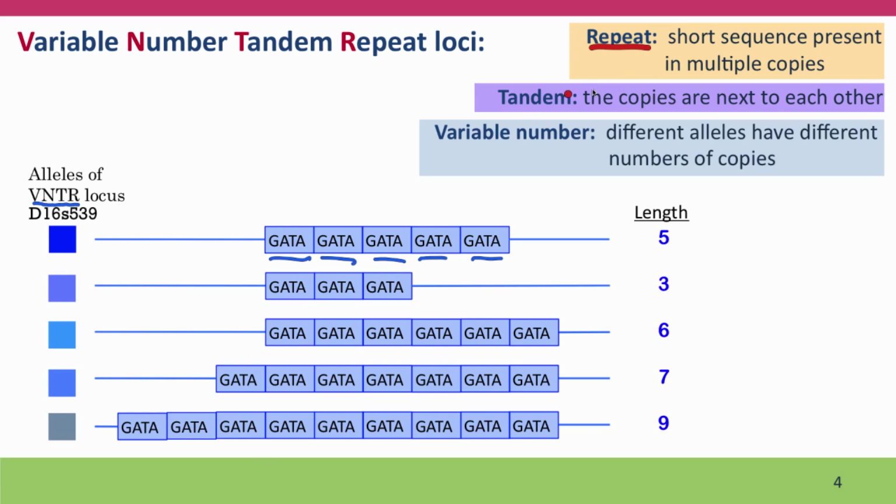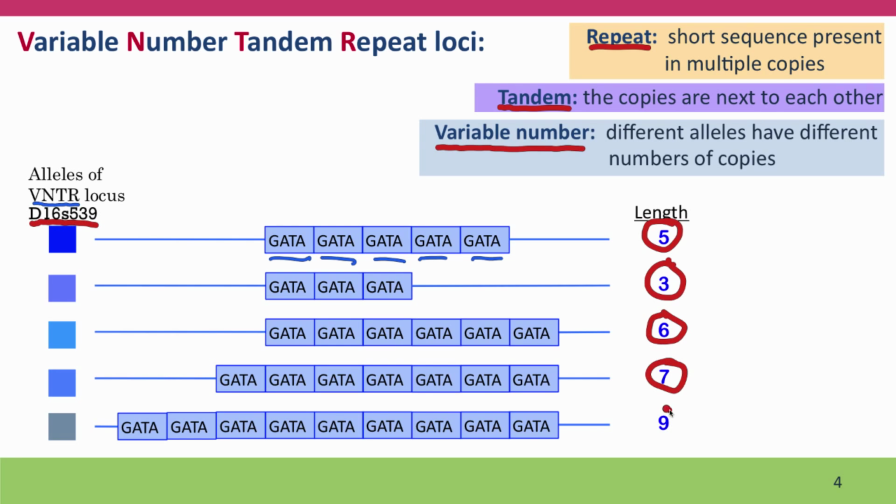They're tandem repeats. That means the copies are next to each other. They're not scattered around the genome. They're variable number tandem repeats because the number of repeats in each allele differs. So these are different alleles of this particular VNTR locus.